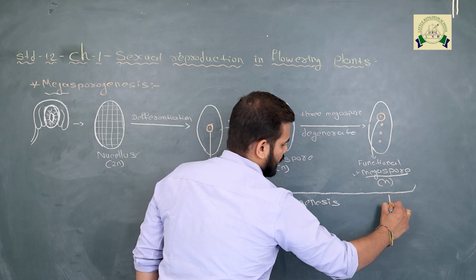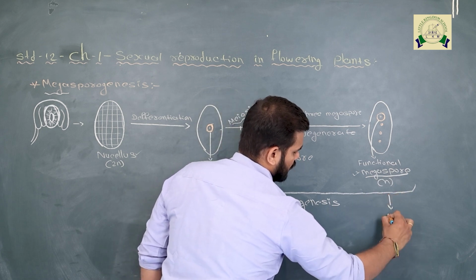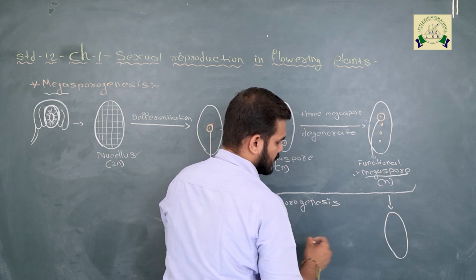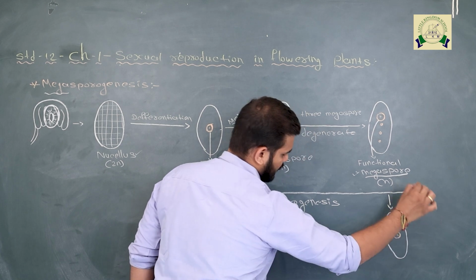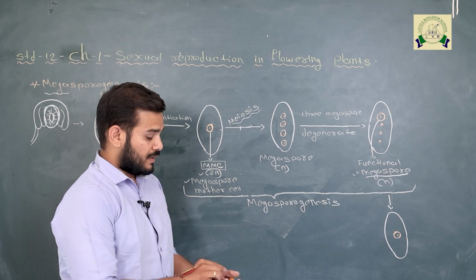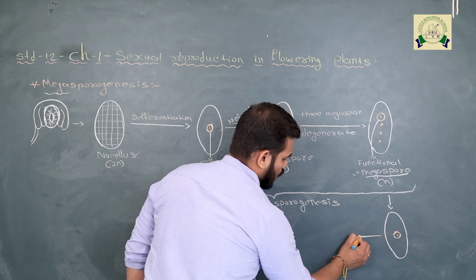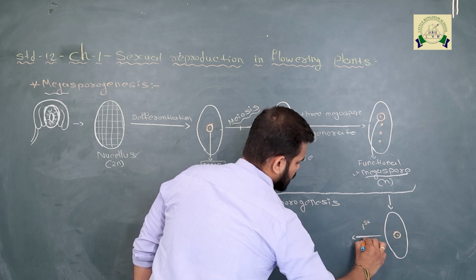After getting a functional megaspore, this one is the functional megaspore. Let's draw it in the center. Clear? Functional megaspore. Now what happened? This functional megaspore undergoes mitosis. First mitosis.